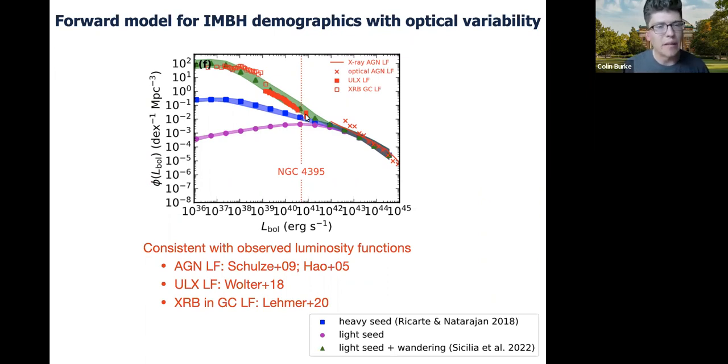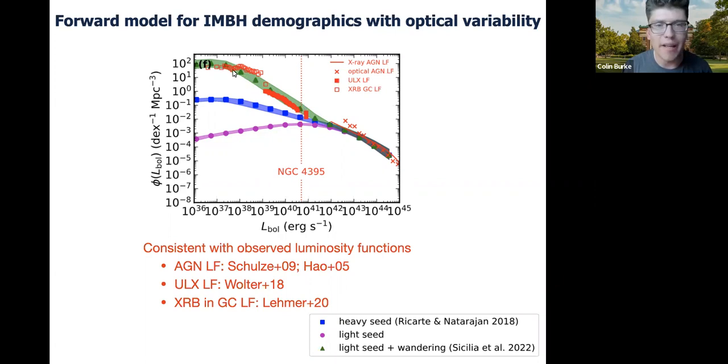But at least we can say that our predicted IMBH luminosity function doesn't wildly exceed the luminosity function for ULXs. If that were the case, then we probably would have found plenty of IMBHs by now. And so this is the most optimistic scenario.